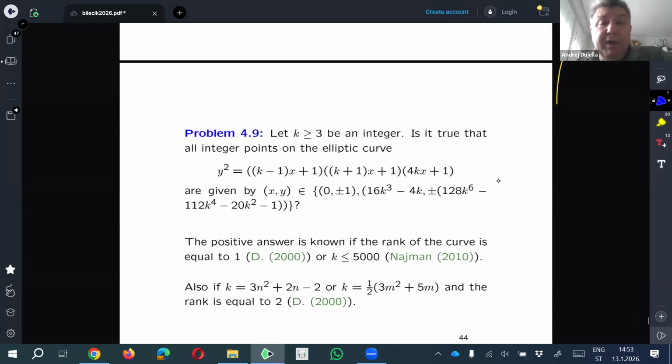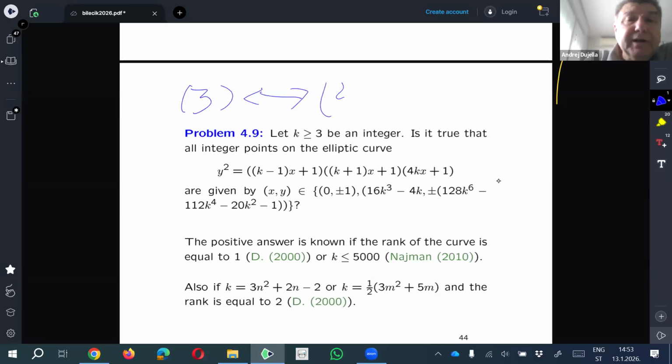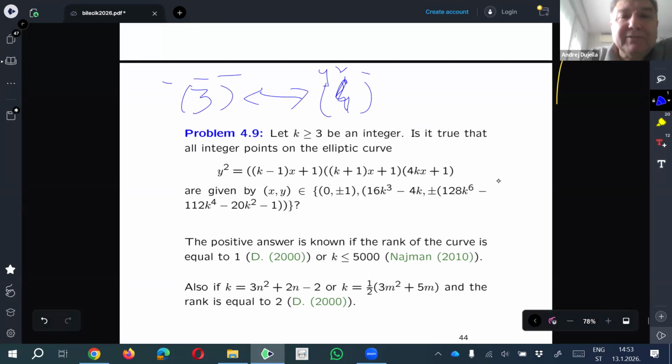A somewhat related problem is a question related to these equations 3 and 4. So a product of two squares and the elliptic curve which is obtained by this product.